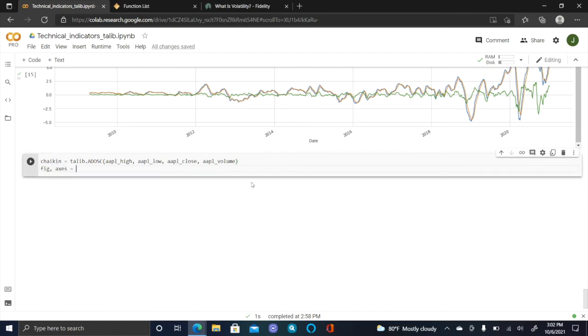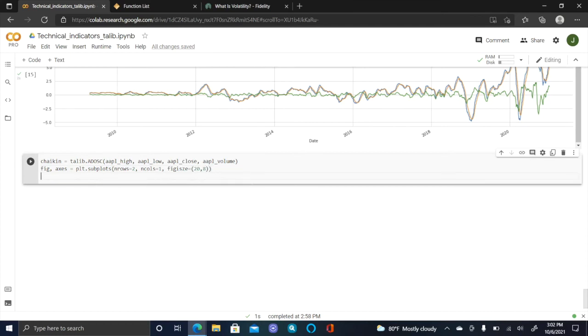Let's do fig, axes equals plot dot subplots. We want 2 rows here, but only 1 column. And we want the fig size to be pretty big, 20 by 8, to make it look nice. Now, then we want to plot the close price, why not, on top.